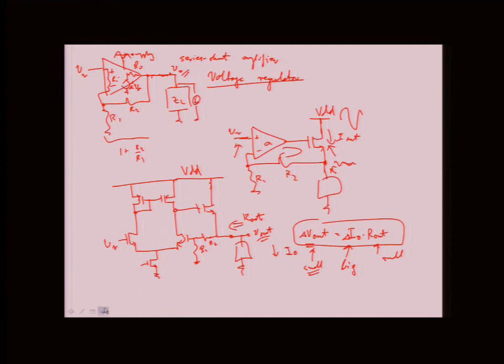So our R out will be our R out of A equals 0 times what we did last lecture, the Blackman formula, 1 over 1 plus return ratio, because it's a shunt output, so the shorted return ratio is 0, and the open return ratio is actually the return ratio.